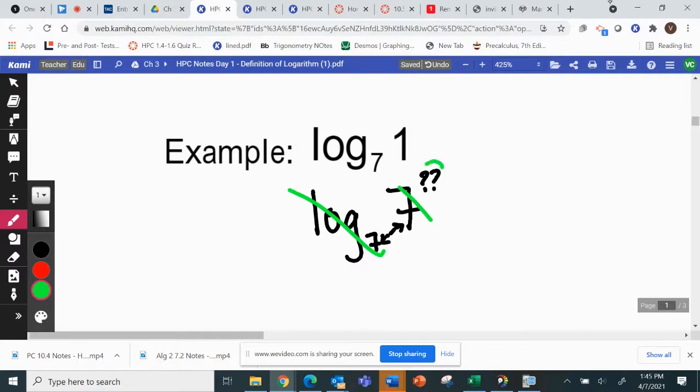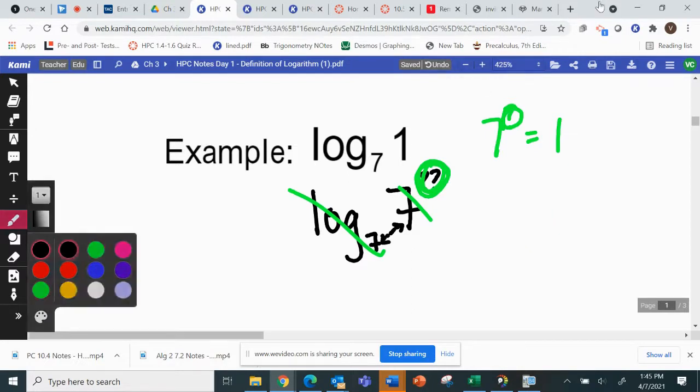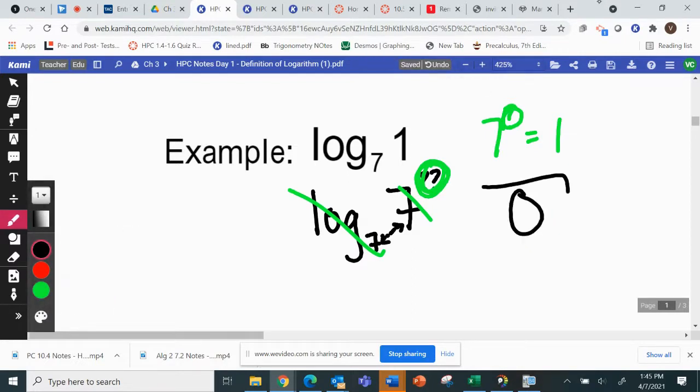So you have to tell me what exponent makes 7 to the what power gives me 1? What is it? 0. So 7 to the 0 is what gives me 1. So my answer for this question is just, I was trying to do it in a different color. My answer is just 0.